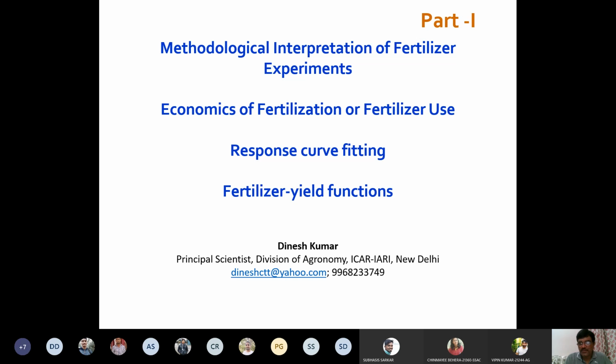In addition to that, you have fertilizer as a variable factor. In this case, you can work out the cost of fertilizer involved. For zero, then for 50, for 100, for 200 kg nitrogen, what will be the cost?